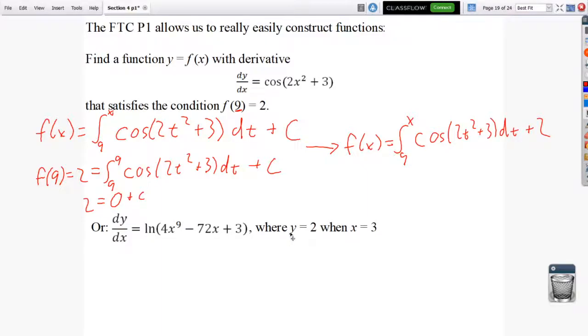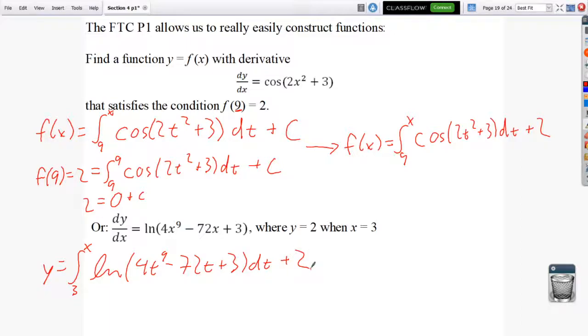If I want to find a function that has a derivative of ln of 4x to the 9th minus 72x plus 3, where y equals 2 when x equals 3, all I'm going to do here is say y equals the integral from x value 3 to x of ln of 4t to the 9th minus 72t plus 3 dt plus my y value.